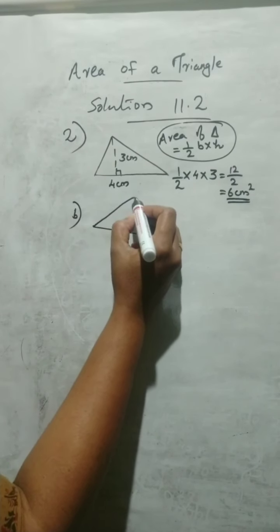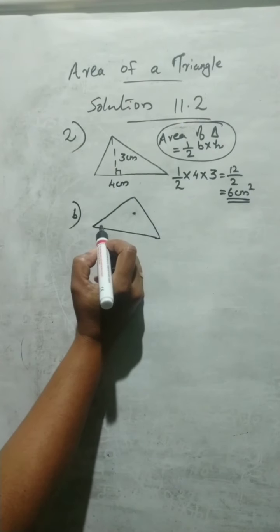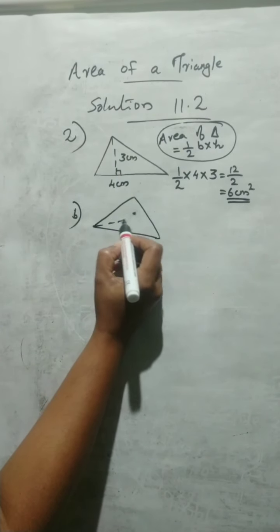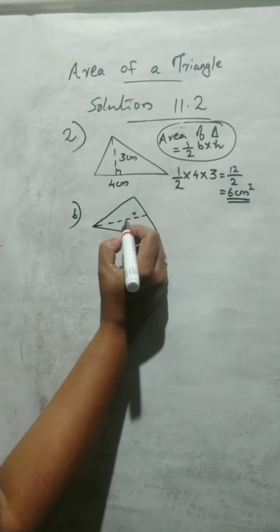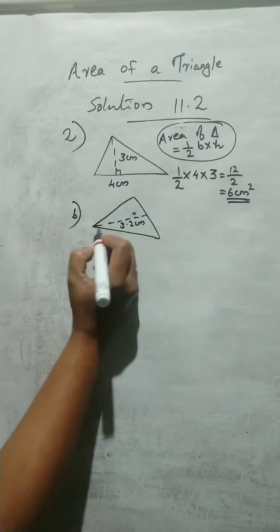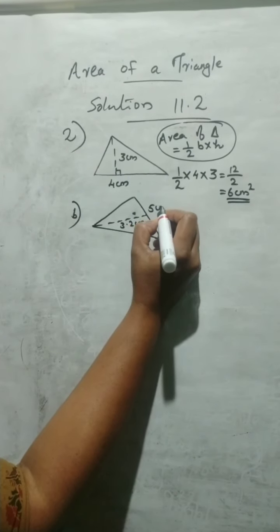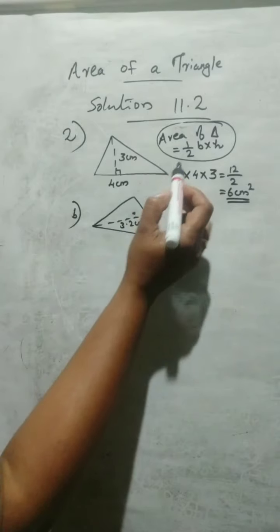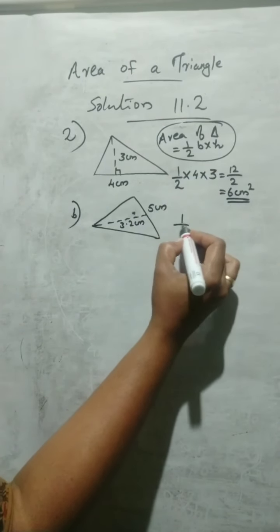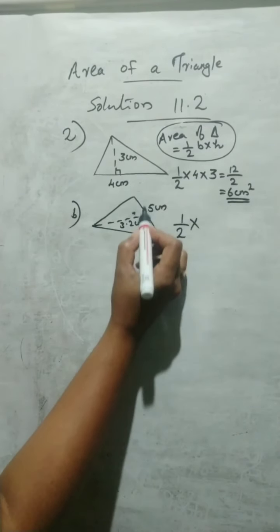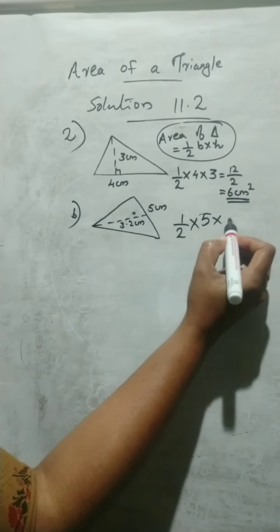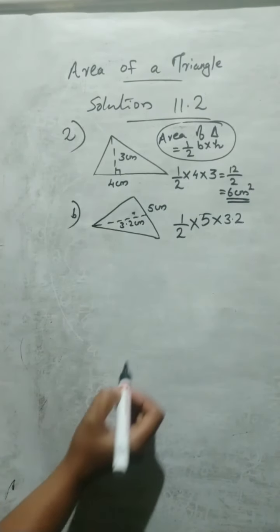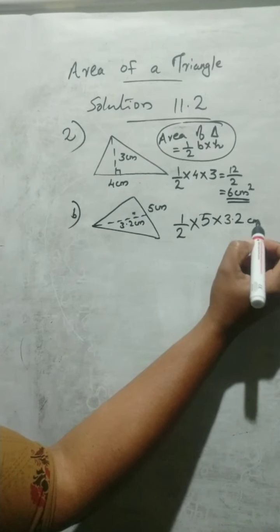Then the next question is a triangle, and the height is equal to 3.2 centimeter and base will be 5 centimeter. We know the equation half BH, that is half of base 5 times 3.2 centimeter square.